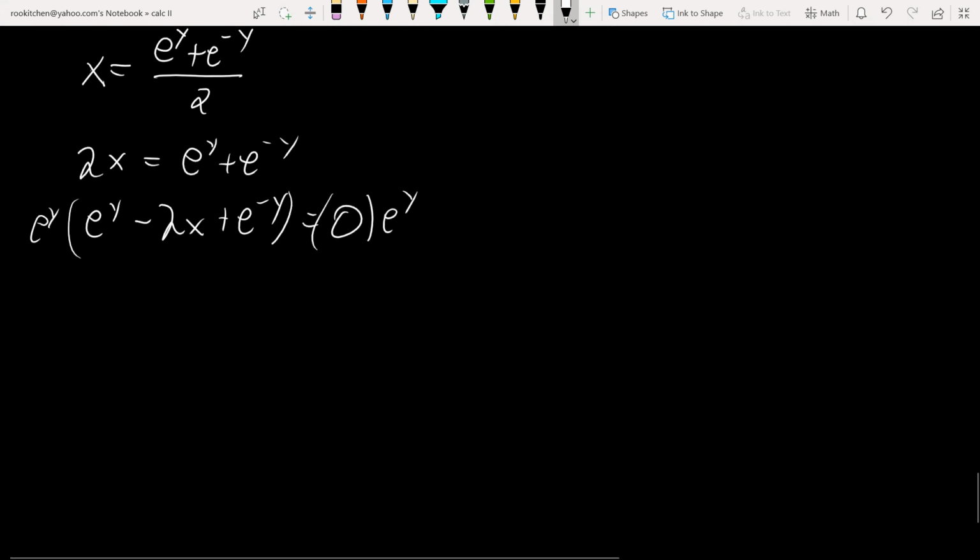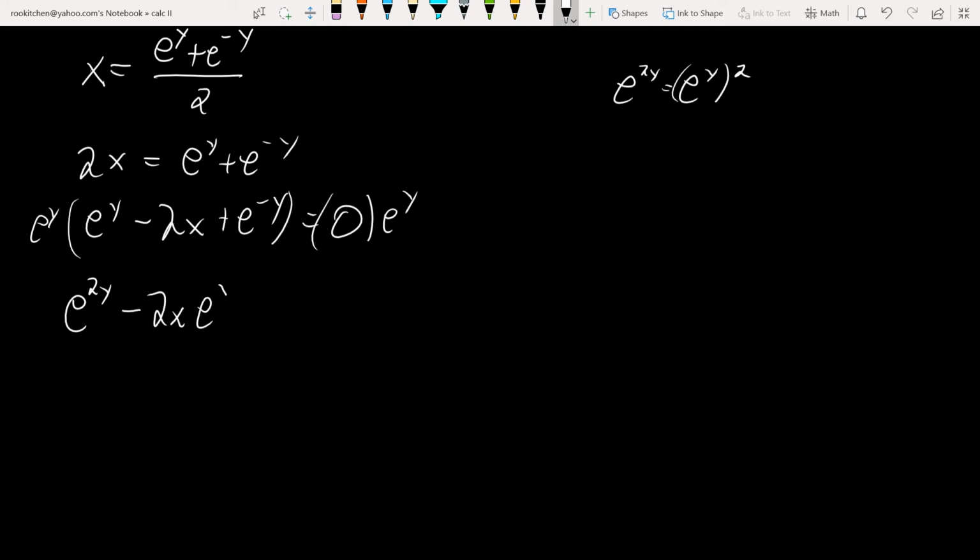Okay, so if I distribute, I'll have e to the 2y, which is e to the y squared. Then you have minus 2x e to the y, and then plus just 1, right? Because again, you're adding the exponents.